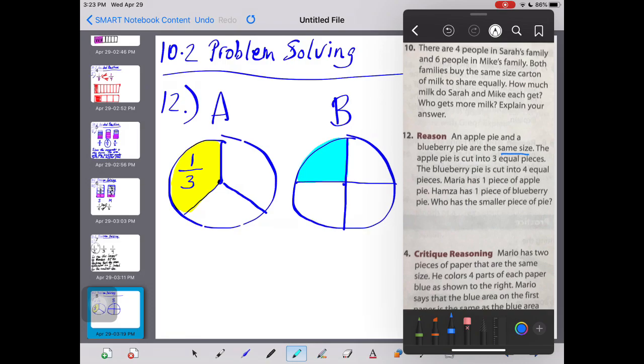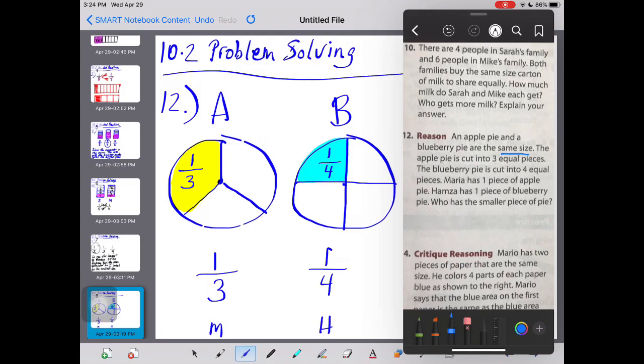Okay. And for that, we're talking 1 out of 4, right? So that's 1/4. So here we are comparing 1/3, which was Maria, against 1/4, which is Hamza. Which one had the smaller piece of pie?